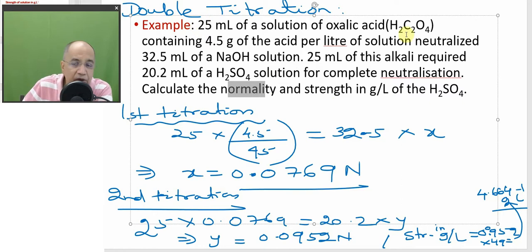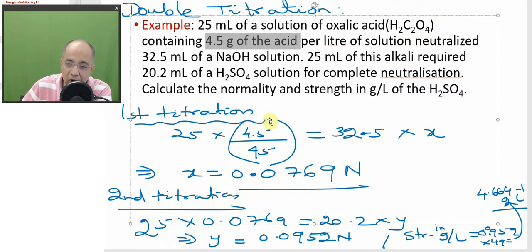So V1N1 is equal to V2N2. But first let us find out what the normality is. Since its strength is 4.5 grams per liter, and oxalic acid's molecular mass is 90, the N factor, the basicity, is 2, so 90 by 2 is 45. So 45 is its equivalent mass.